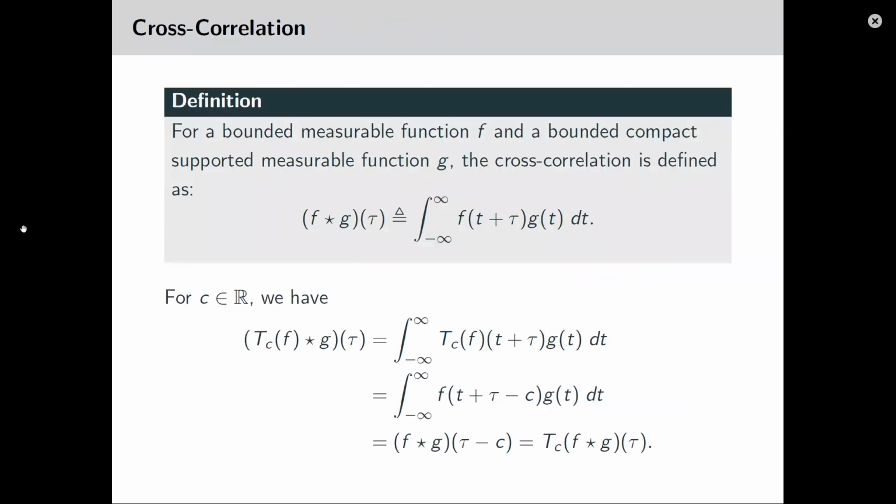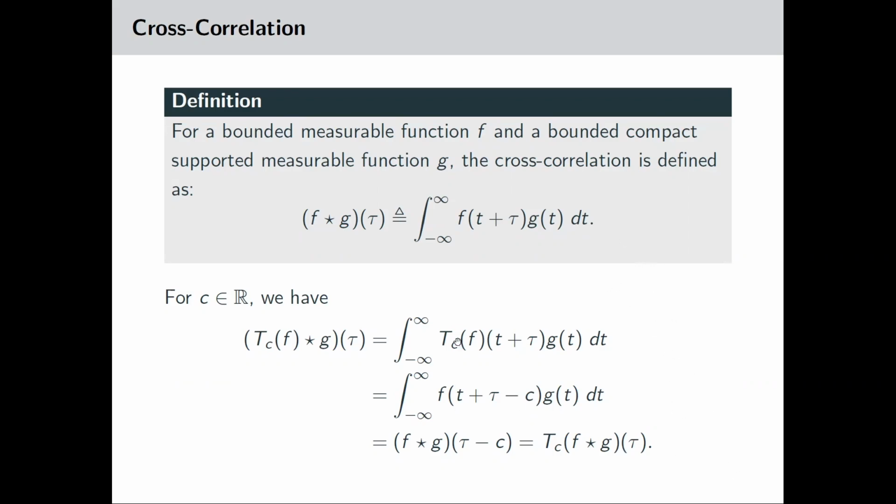One of the most popular translation equivariant operators is this cross correlation operator. It is very similar to convolution, which many of you might be familiar with, but the sign is somewhat different. The cross correlation between these two functions, f and g, is defined by this integral. And its translation equivariance can be proved quite easily.